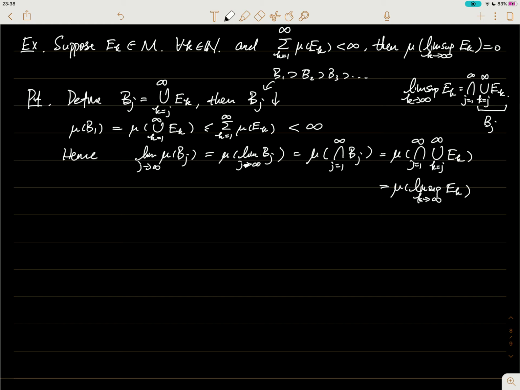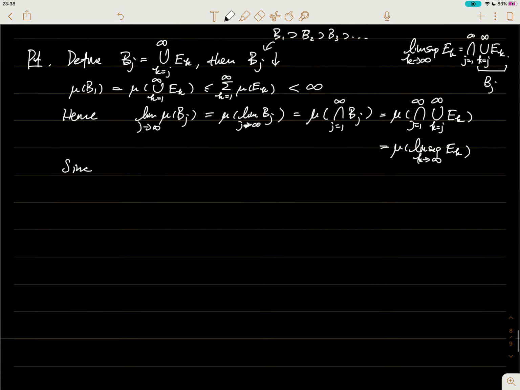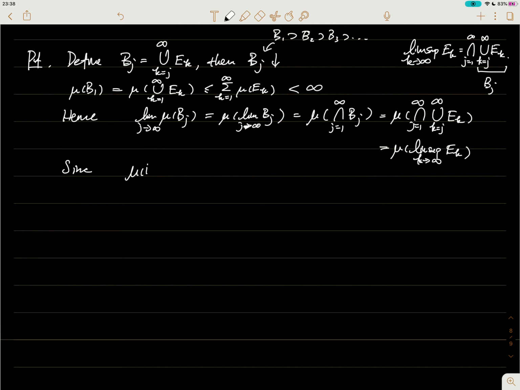Okay, but on the other side, we know that this mu of B_j is equal to the mu of the union for k from j to infinity of E_k, right? And this is less than or equal to the sum for k from j to infinity of the measure of E_k.